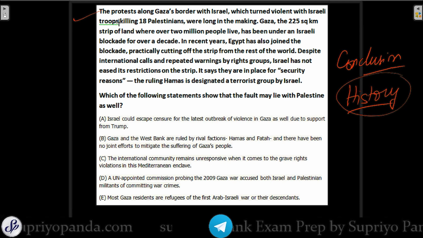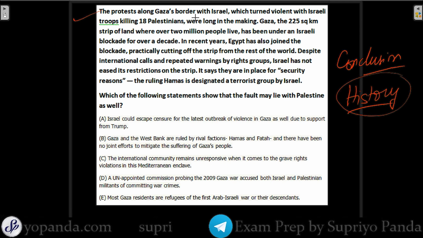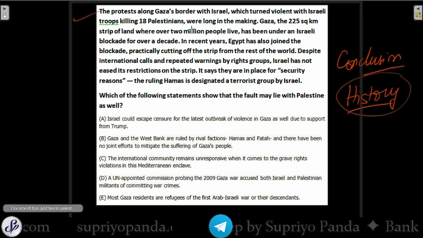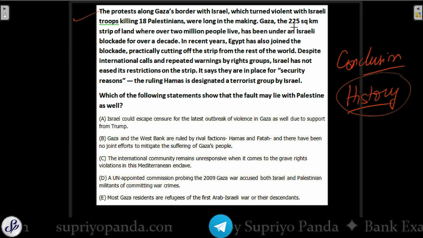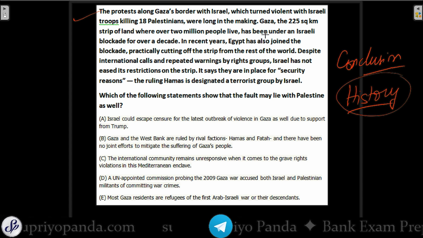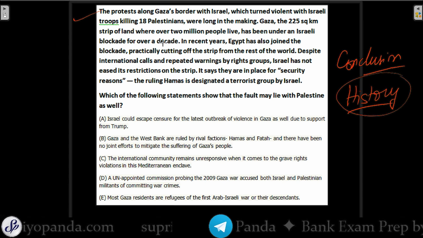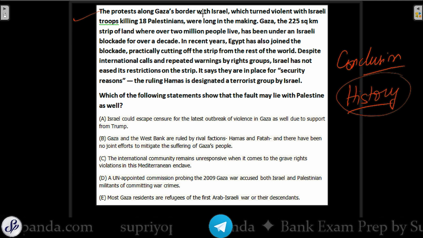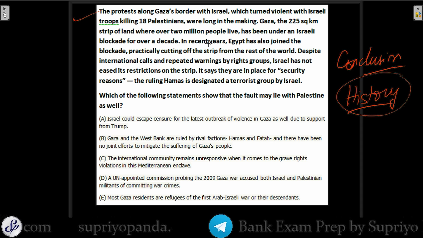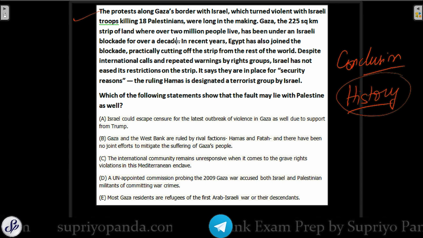So let's read it. The protests along Gaza's border with Israel, which turned violent with Israeli troops killing 18 Palestinians, were long in the making. Gaza, the 225 square kilometer strip of land where over 2 million people live, has been under an Israeli blockade for over a decade. Okay, so now we are seeing the violence in this region, and we are also being told about the Israeli blockade. Fine.